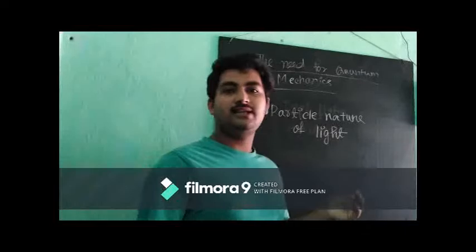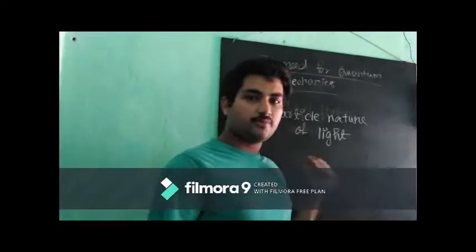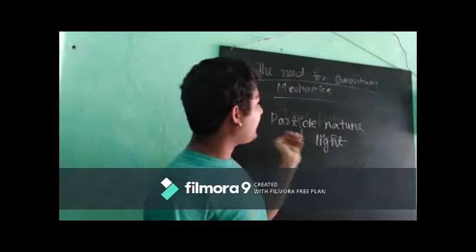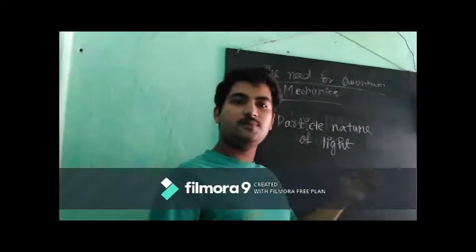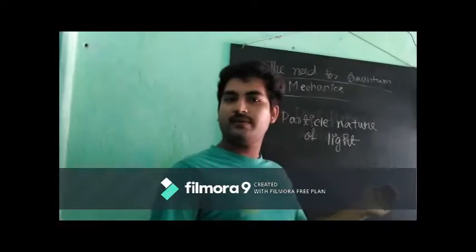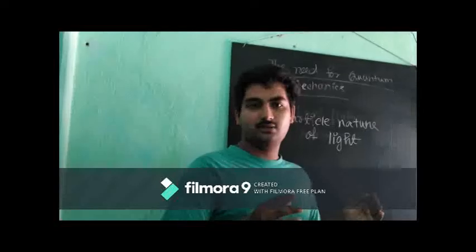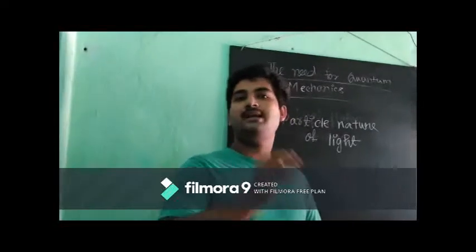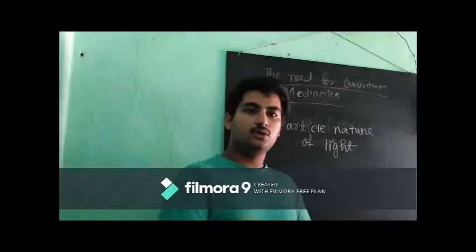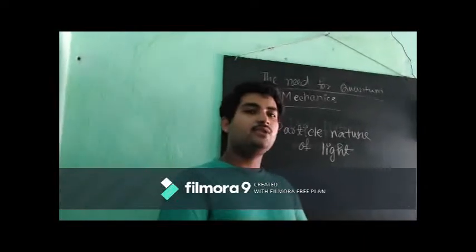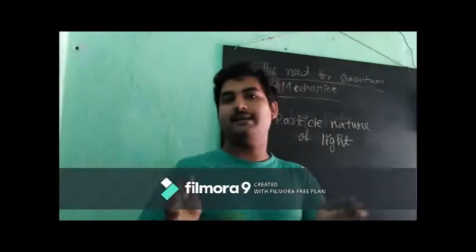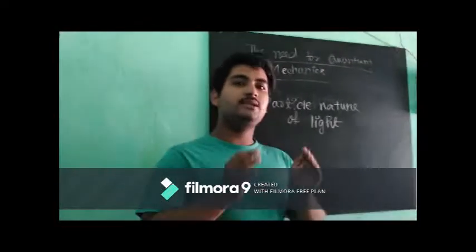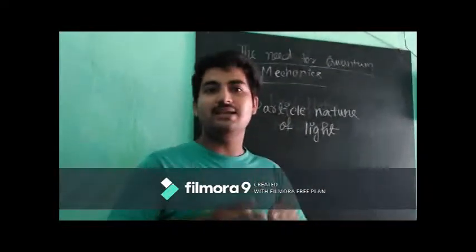You have already studied that light is a wave, an electromagnetic wave. But here I am going to talk about the particle nature of light. Obviously, you have studied the photoelectric effect and the Compton effect, and in those experiments, you cannot explain the phenomena by saying that light is a wave. So, when Einstein came with the idea that light is a particle, what do you think light actually is?